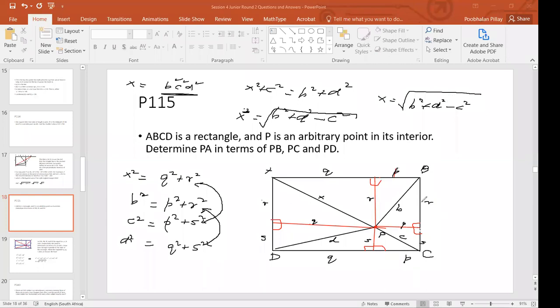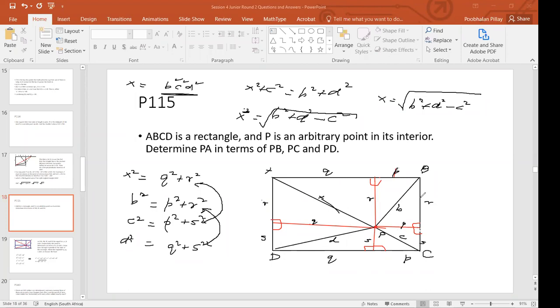Okay, so that's, see, all these red lines and all these things all just disappear. You just finally have that this distance here, x squared, is equal to, interesting, it's b squared plus d squared minus this one here. So these two, when you add this squared and this squared, that's what we are saying, x squared plus c squared.